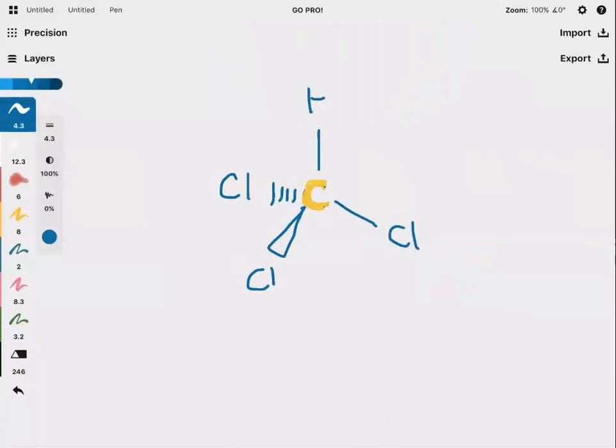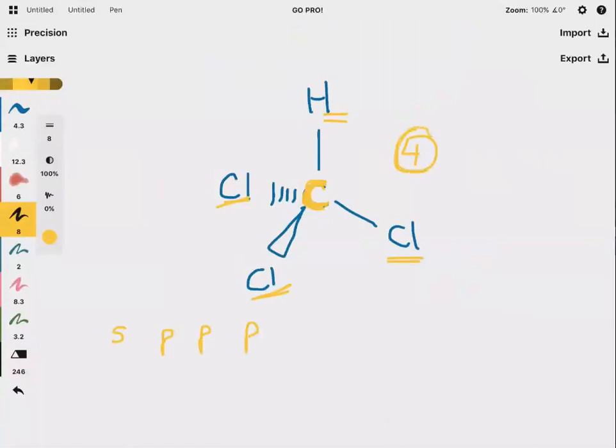Doesn't really matter what atom is attached to it, or hydrogen. It doesn't matter what atom is attached to it, but the carbon knows that it's attached to 4 different things. 1, 2, 3, 4. And it has an S and 3 Ps to choose from. Because it's being bound to 4 different things, it's going to have to choose all 4 of its orbital options. So it's going to have to select one S, one P, another P, and another P, because that's 4 things.